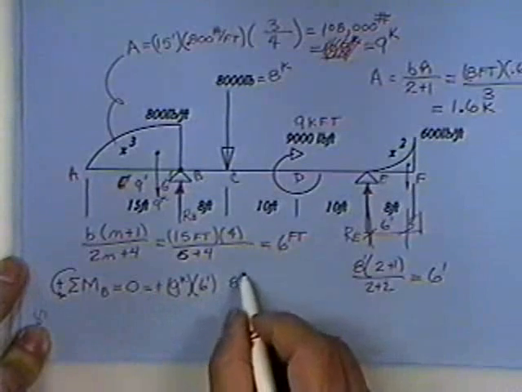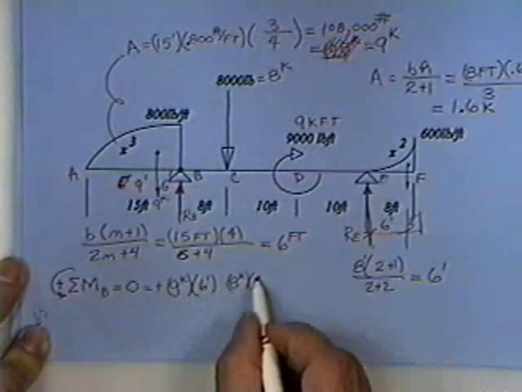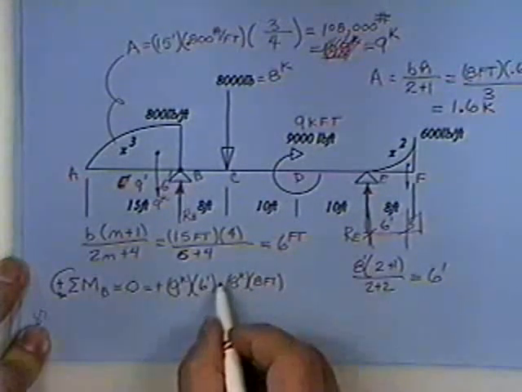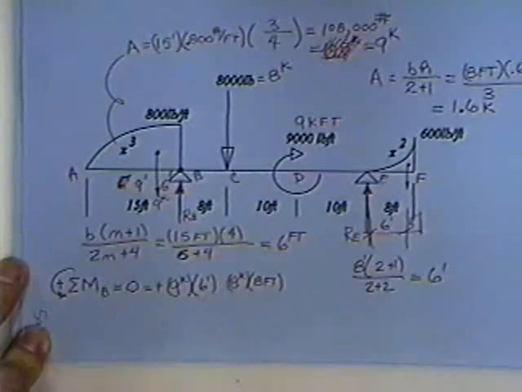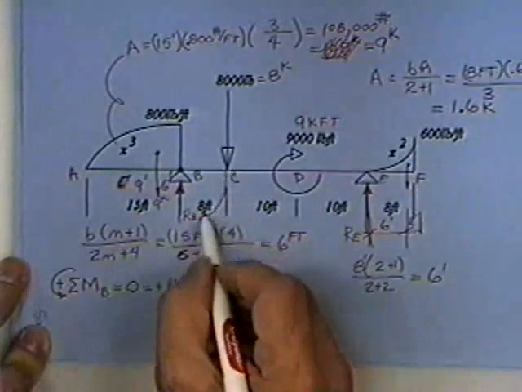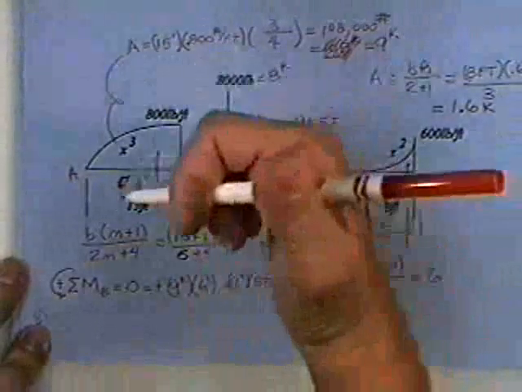Next, I see there's an 8 kip force acting on the structure. It's 8 feet away from the point I'm summing moments about. Its tendency to roll, were it to get away from you, it would come down like this and roll not right-hand rule.